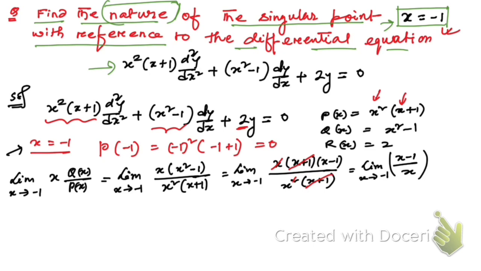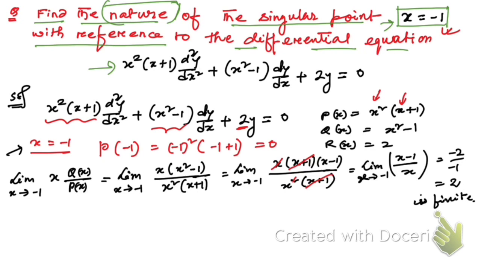So now if you replace the x by minus 1, then you're going to have minus 2 by minus 1, which is nothing but 2, right? So this is finite, right?